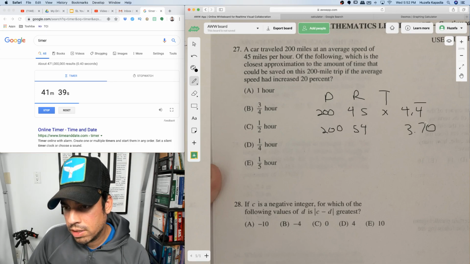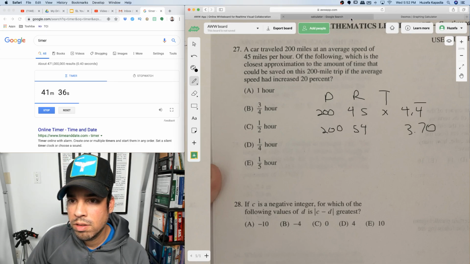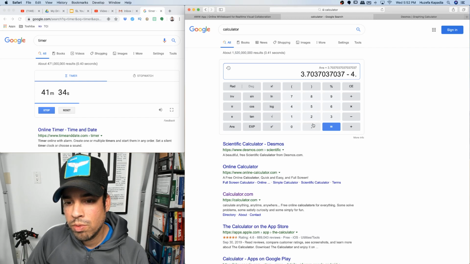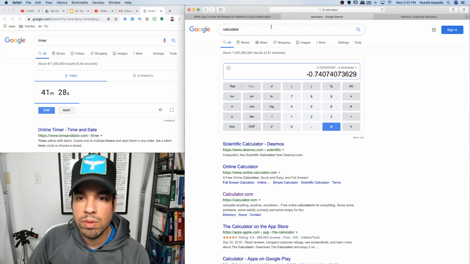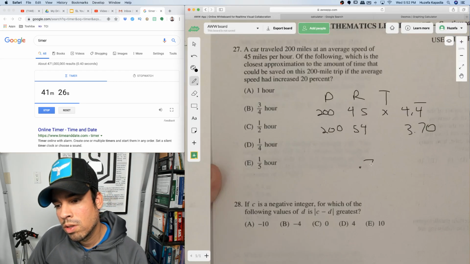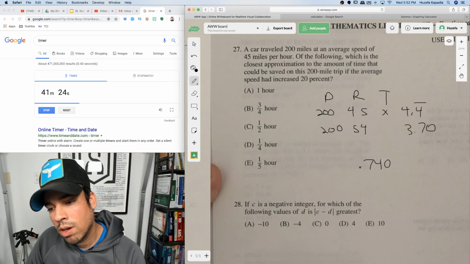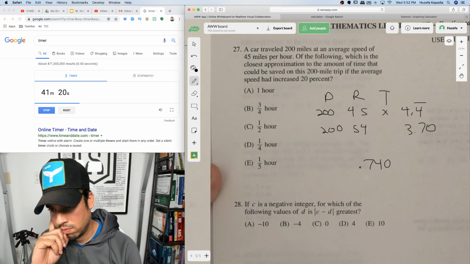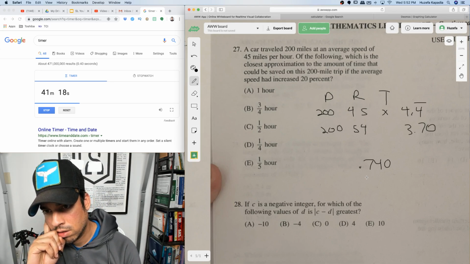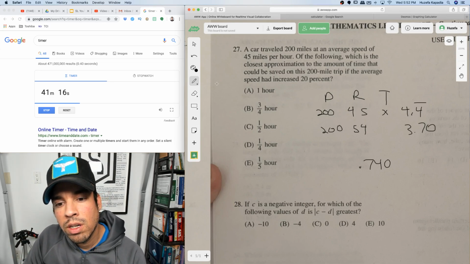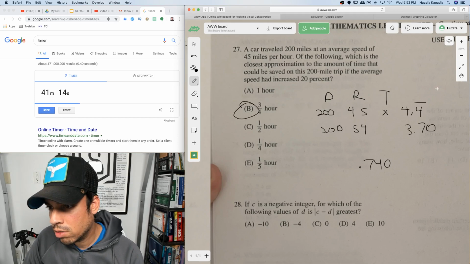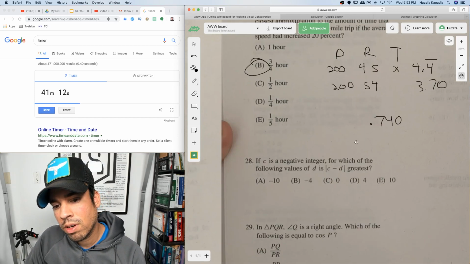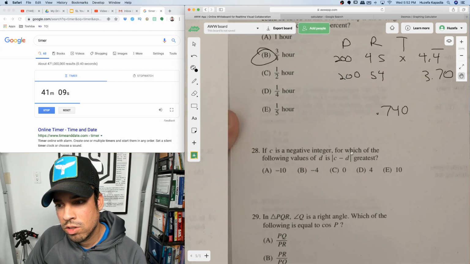So it decreases by 4.444444 minus 3.70, which is 0.740 hours. I guess it's an approximation, so it's about 0.75, 3/4. So that's how much time it would have saved.